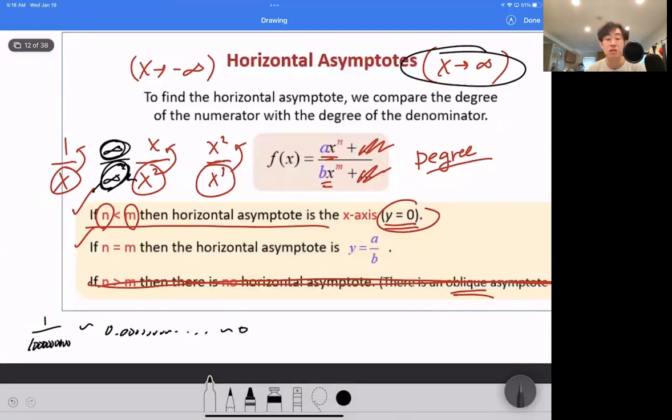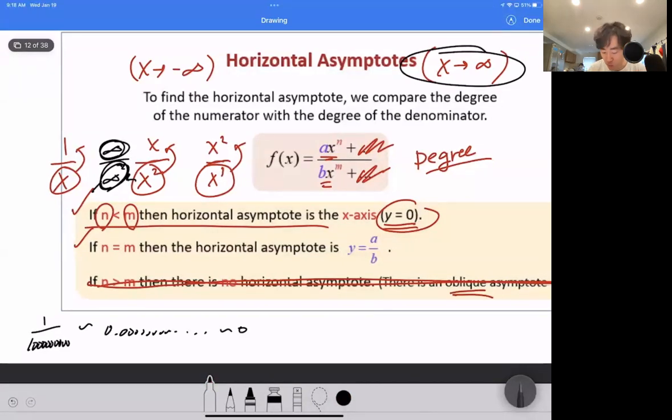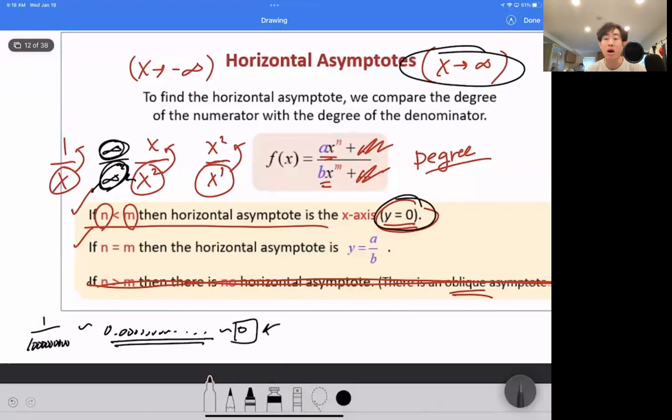This will approximately be 0 regardless. It's never going to exactly equal 0, so it slowly approaches 0 but never touches it. So y is equal to 0 will be your horizontal asymptote when the degree of the numerator is less than the degree of the denominator.